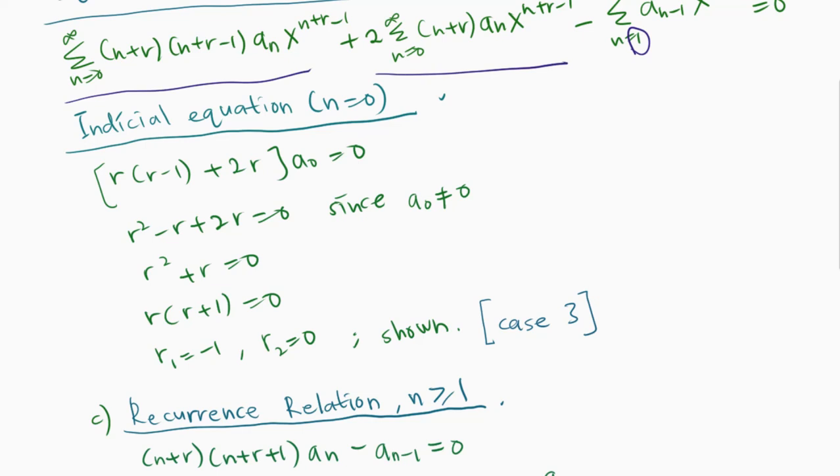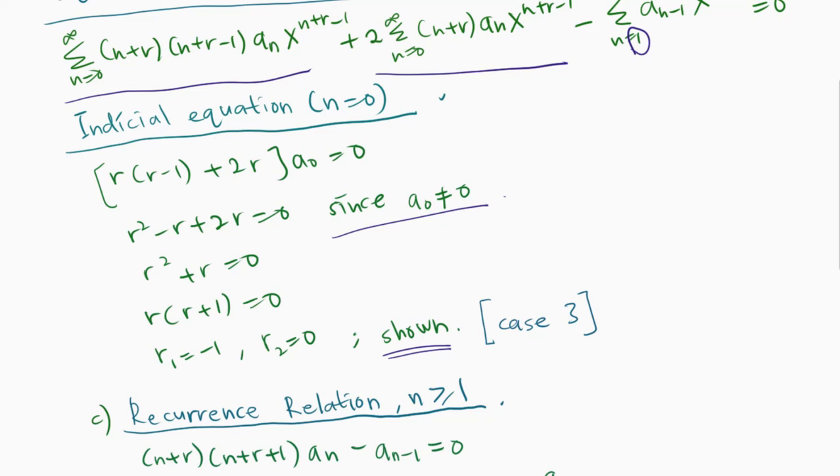We will have this equation, r squared minus r plus 2r equal to 0. Since a not does not equal to 0, therefore, we have here R1 equal to -1 and R2 equal to 0, the same as the first alternative, the first way to show it. We have shown here that both values of initial roots are -1 and 0.